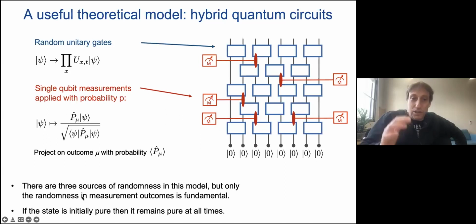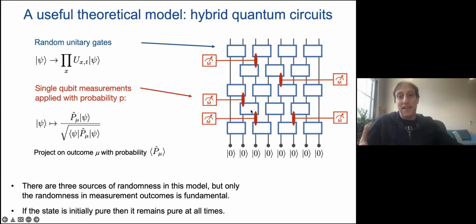Now, I want to point out that there are 2 sources of randomness, maybe more, but important sources of randomness in this model. One is the fact that I'm using random unitaries. And I imagine that a single lab, for example, would have just one realization of the circuit, or at least for a measure, they would do the measurement with one realization of the circuit. They might change it later, but the randomness here is going to be useful theoretically.